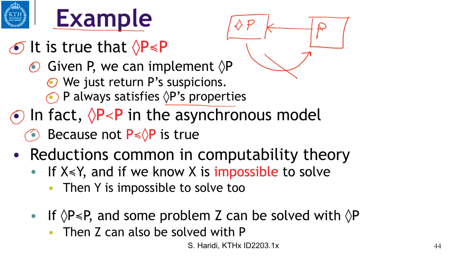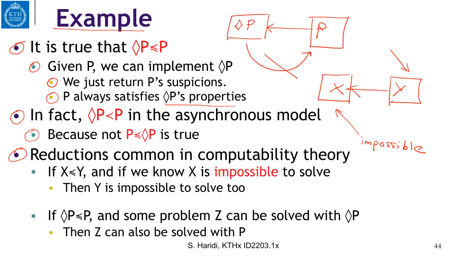Reductions are common in computability theory to relate certain problems to each other. For example, if we know that x is reducible to y, and we know that x is impossible, then of course we know that y is impossible. So y is impossible to solve.